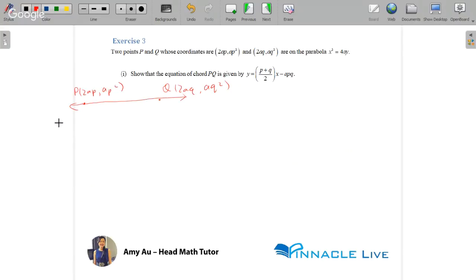And you're trying to find the line joining these 2 points. So you go with your 2 steps, gradient. Gradient formula first. So y1 minus y2 over x1 minus x2. Factorize.